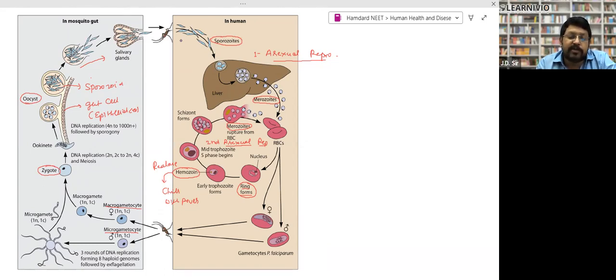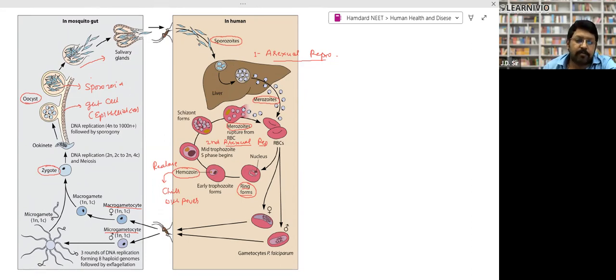The infective stage of the malaria pathogen is the sporozoite. This one. Sporozoites.